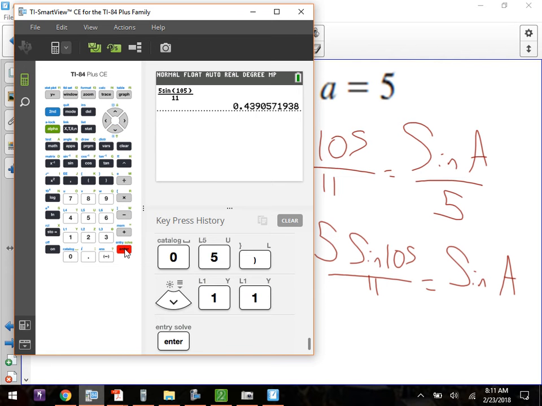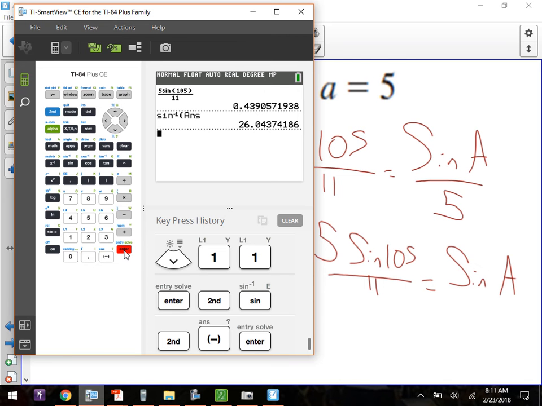That decimal equals the sine of A. Remember how to use the answer button? Second sine of your answer. That way you don't have to round things through. So that gives me angle A at 26.04.